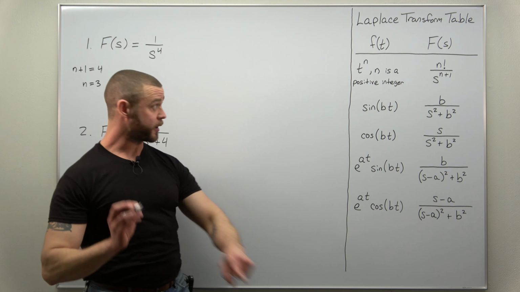We need a factor of 3 factorial, or n factorial. We can't just put it in the numerator, but we can put a factor in the numerator and a factor in the denominator. So let me write this out. We're going to multiply by 1, where we'll think of 1 as 3 factorial divided by 3 factorial.